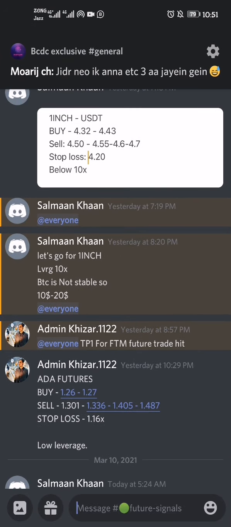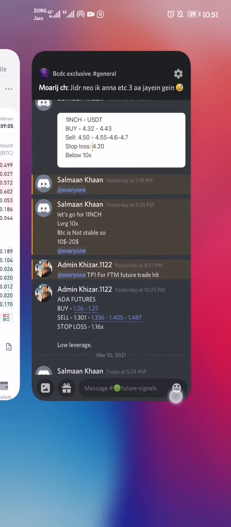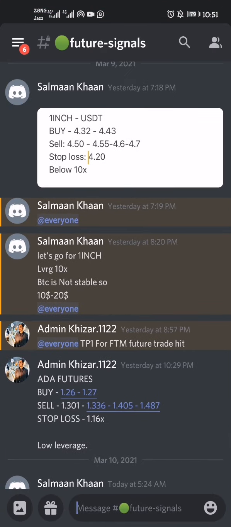Here it is. The buying price is 1.26 and 1.27, right? And the take profits are the following. And stop loss means you have to put a stop loss. Low leverage means you must not play with higher leverage, you have to play with low leverage.